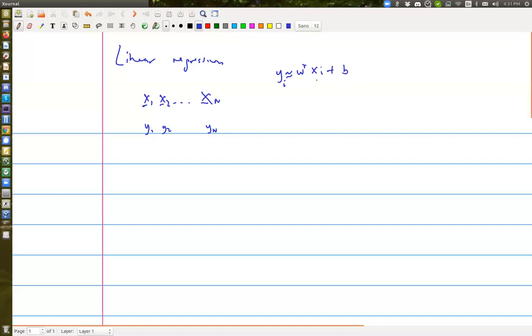So we want to fit this W and b such that this is true for all i, from 1 to n.